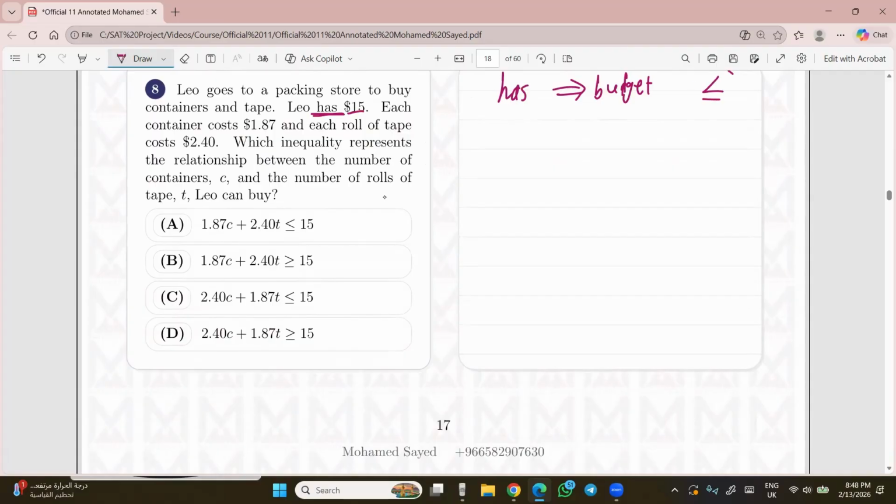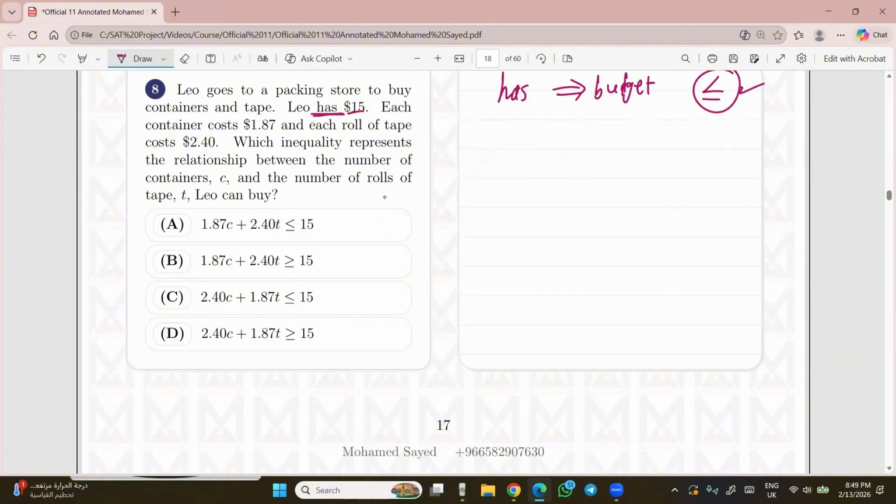We use this for the budget, or the word has. For example, if you have $200 and you went to the market, you cannot spend more than this. You have to spend this amount of money or less. So less than or equal should be associated with the word has or with the word budget.